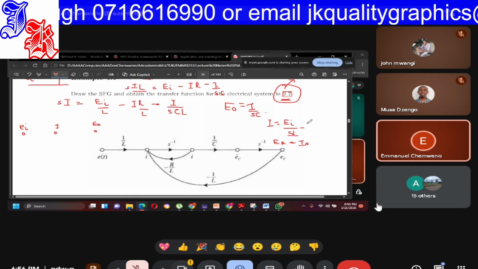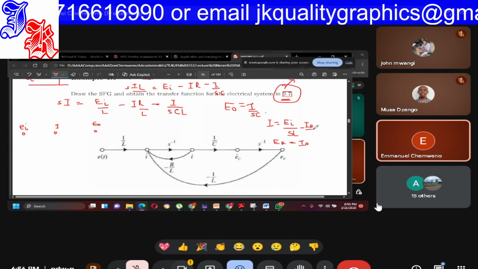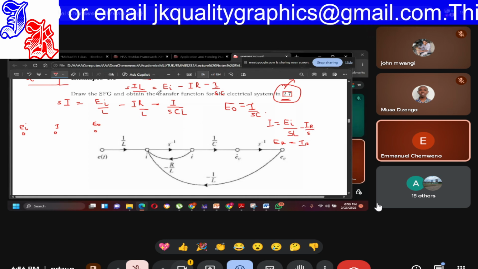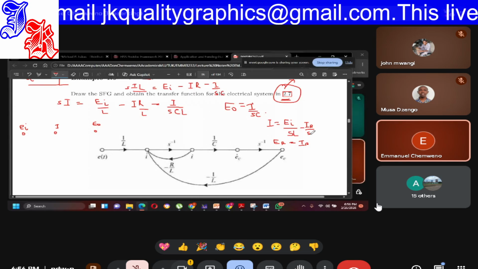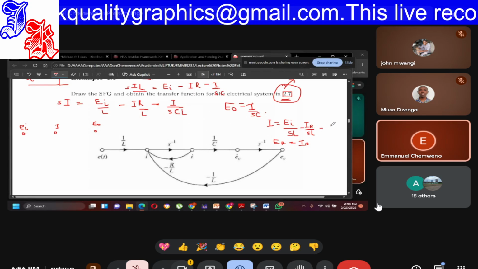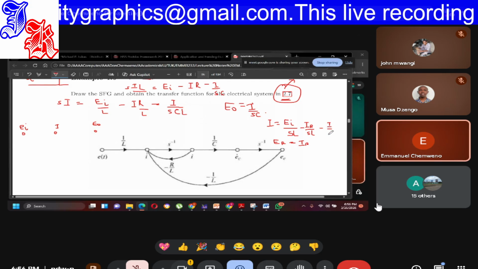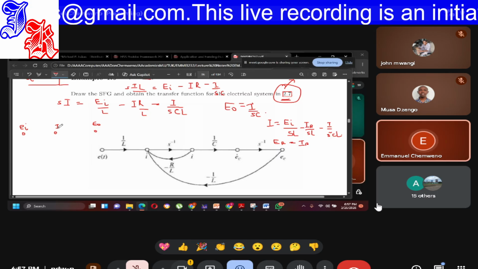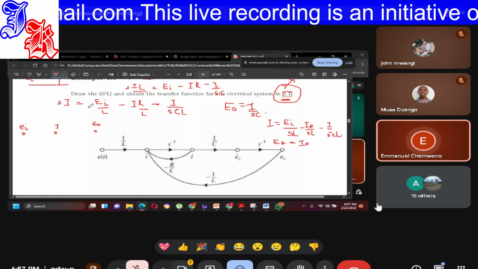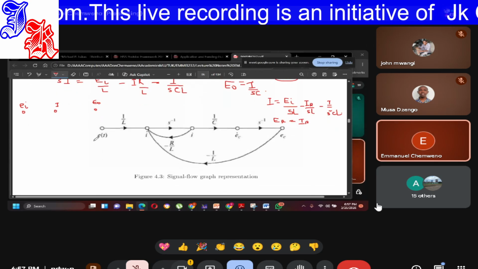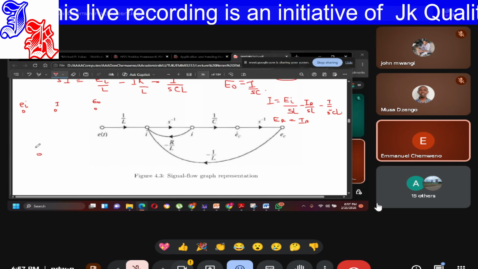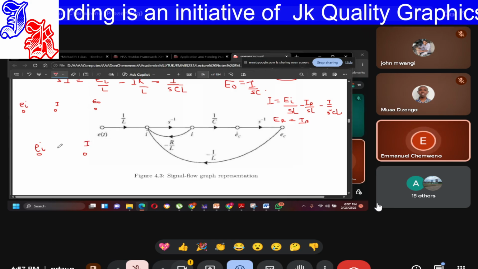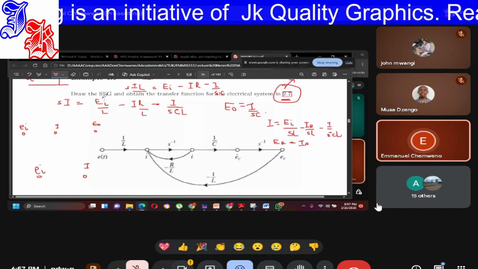But this is minus IR over S over SL minus I over S squared CL. So to get your current I, you need to subtract. So let me draw it here. EI, and I need to get my current I. To get my current I need EI, which is EI divided by L.